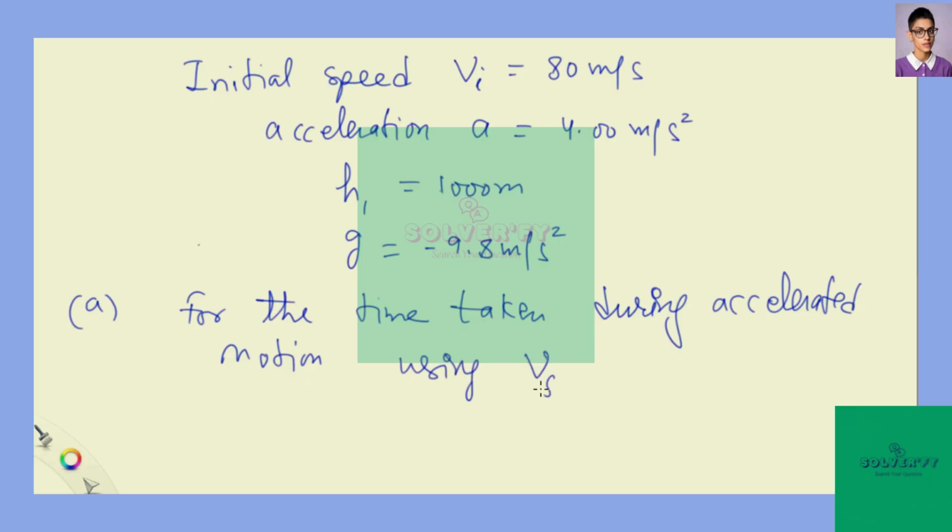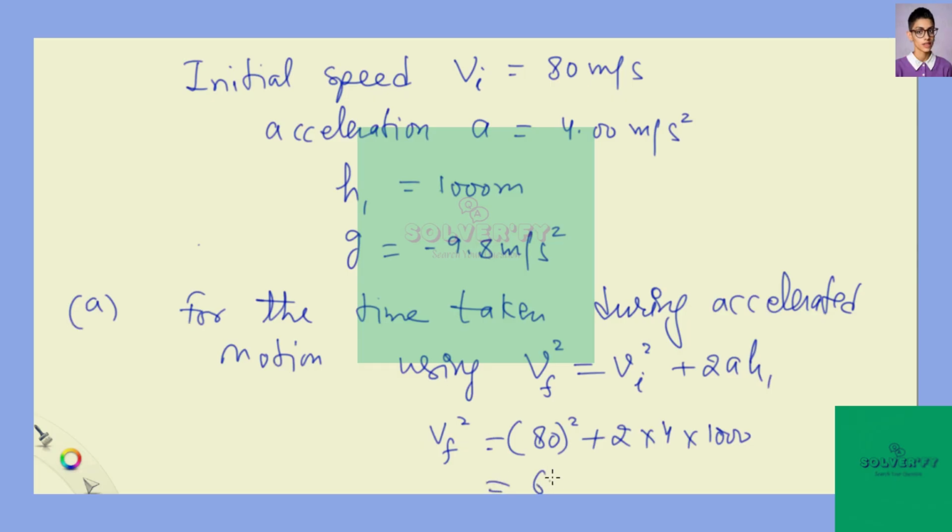which says the square of final velocity Vf square is equal to the square of initial velocity Vi square plus 2a into h. For Vf, this is unknown. For Vi, this is 80 to the whole square plus 2 into 4 for the acceleration into 1000 for this h1.